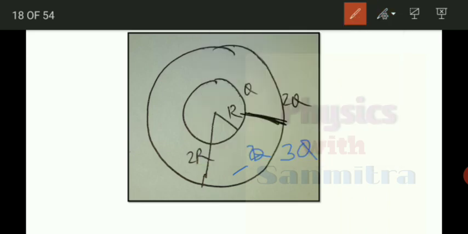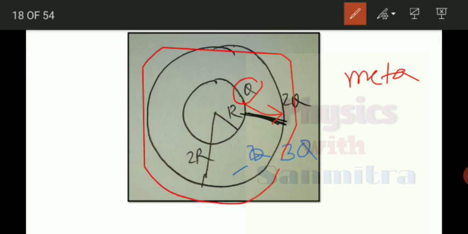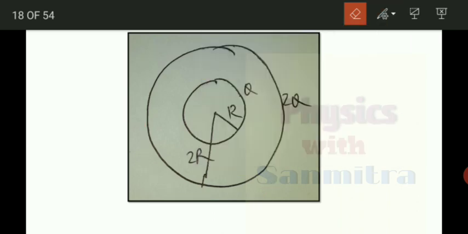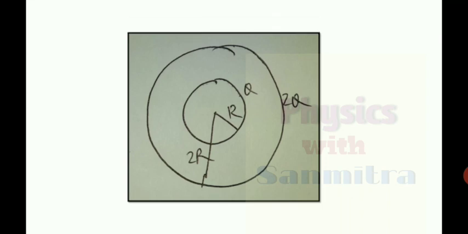That means this q charge will move to the outer shell, because in a metal or conductor the charges move to the outermost surface. This is a property of a metal, and I have already covered it in a video. If you want to see it, the link is in the comment section. That is why charges move towards the surface of the conductor.